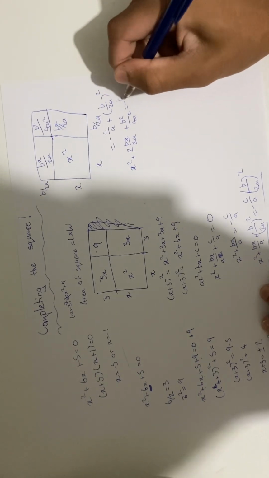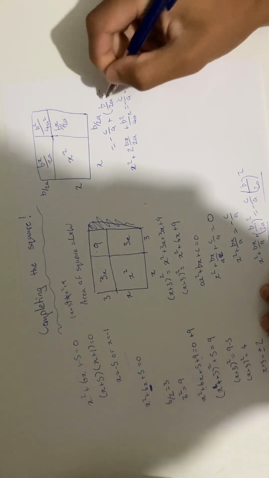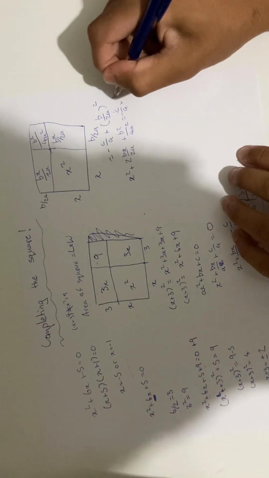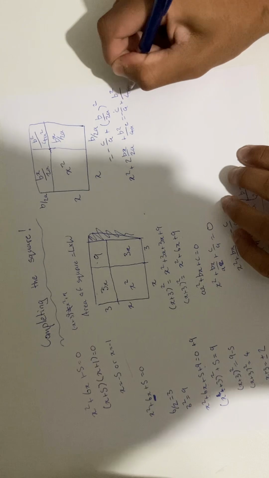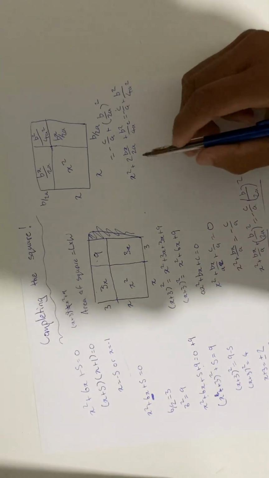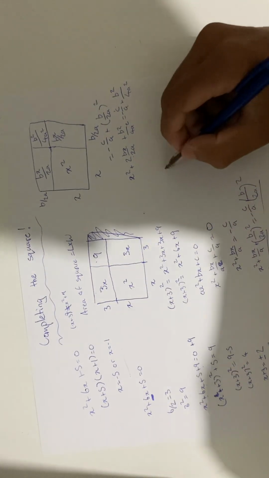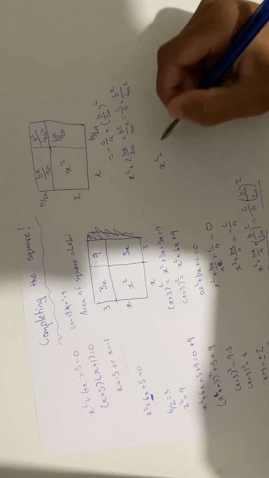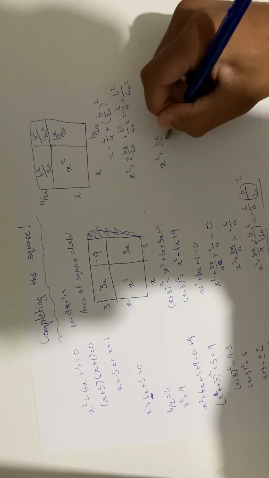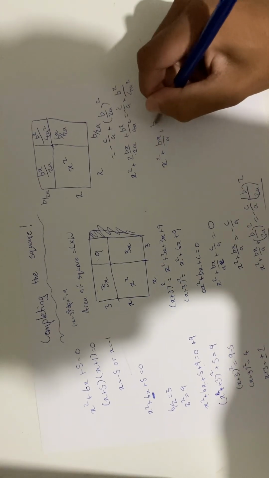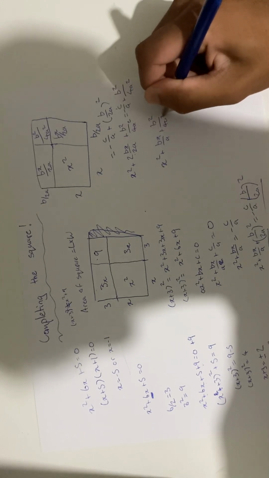So minus c over a plus, let's open the brackets, b squared by 4a squared. Now, let's get rid of this 2 here. x squared plus bx over a is equal to plus b squared by 4a squared.